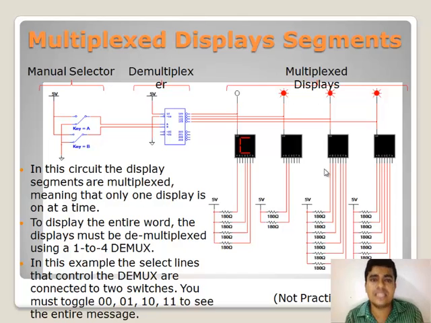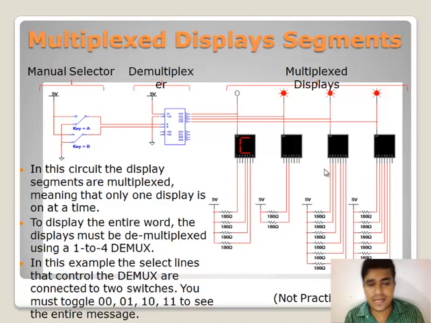So we will go to digital switches in the multiplexer. Here we will see multiplexed display segments in which manual selectors are used, 2 selectors, key A and key B. One demultiplexer is there, and the multiple outputs will be multiplexed to give different outputs.